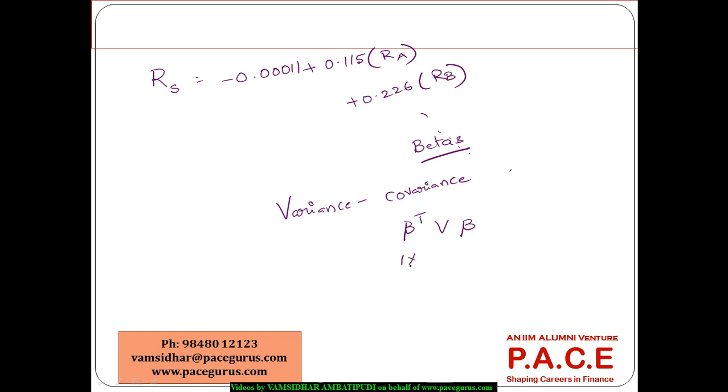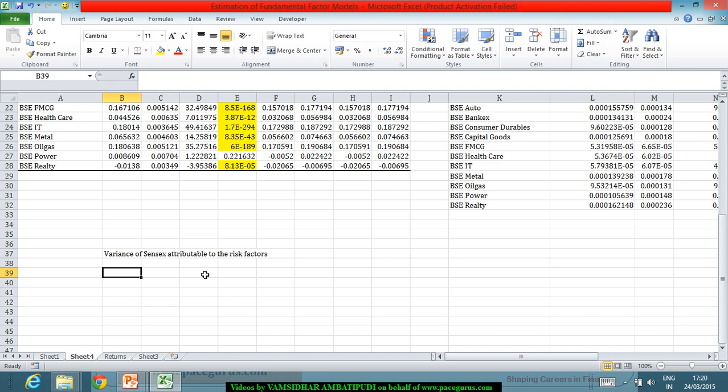Beta transpose is a 1 by 11 matrix, variance covariance is 11 by 11, and beta is an 11 by 1 matrix. So I'll do a multiplication.